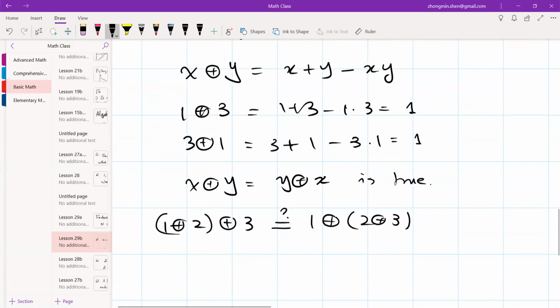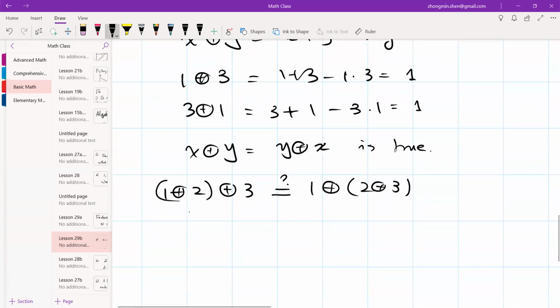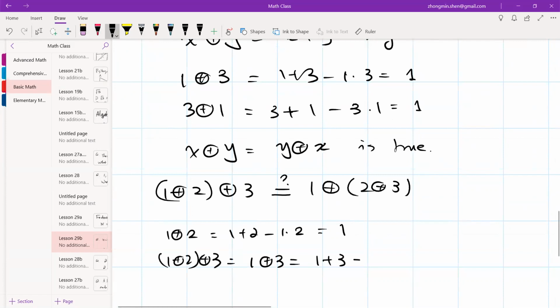We just do the calculation. On this side, 1 circle-plus 2 is 1 plus 2 minus 1 times 2, which is 1. So 1 circle-plus 2 circle-plus 3 is 1 circle-plus 3, which is 1 plus 3 minus 1 times 3, which is also 1.